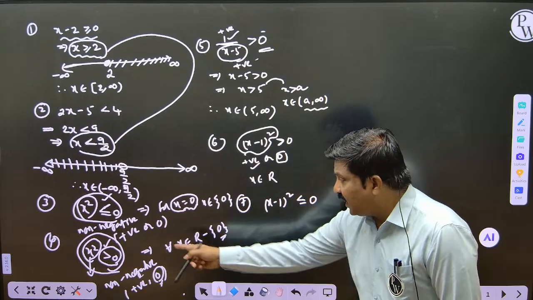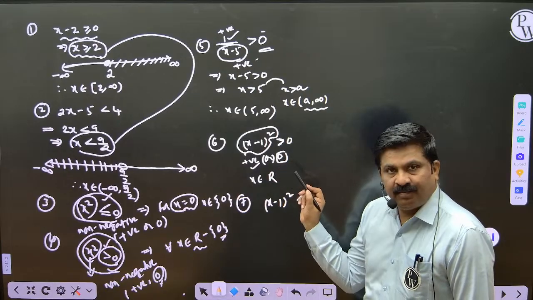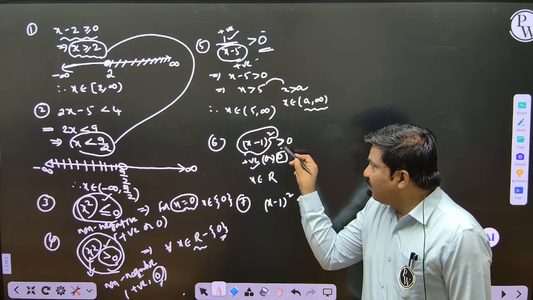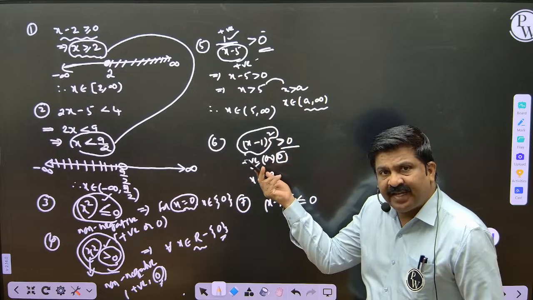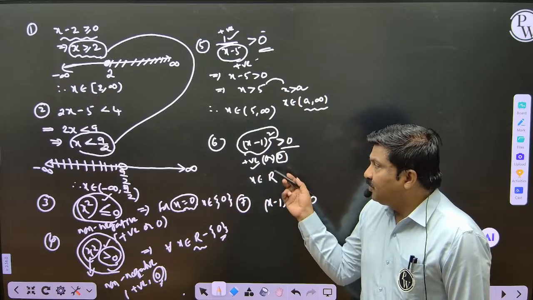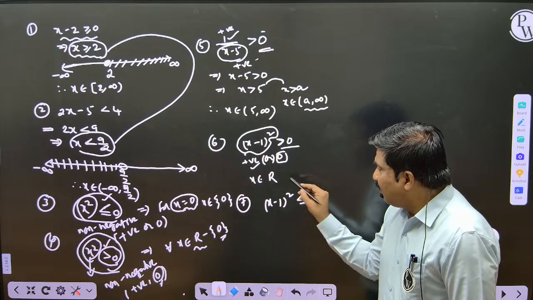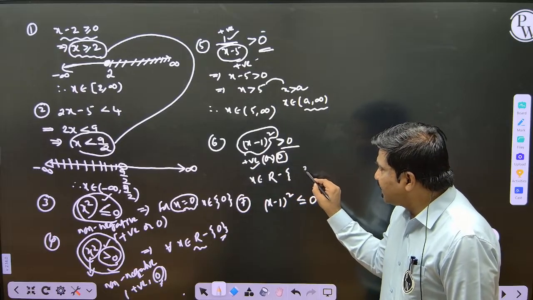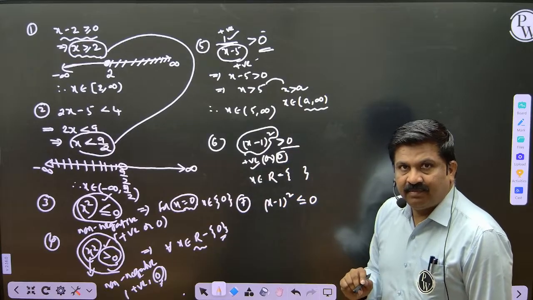All R. See, already I have done it here. The left hand side is positive or 0. But given only which one? Positive. But it is positive for every value of x, or not. You take any value for x, its square is always positive. But it is positive and what here? 0. But 0 is not given to you.